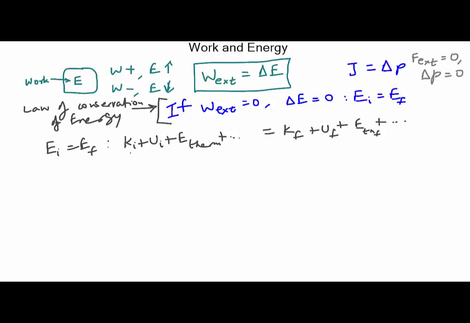So even though one type of energy can go up, let's say kinetic energy goes up and potential energy goes down by the same amount, in total the energy cannot change when it's conserved, which happens when the external work is 0.